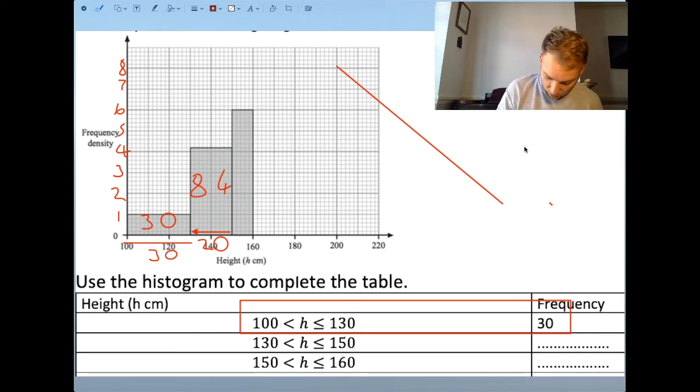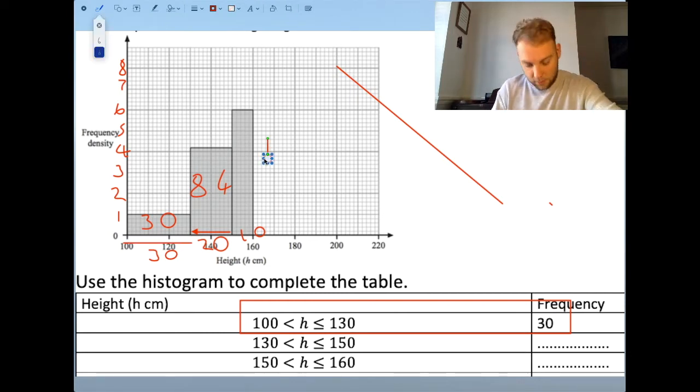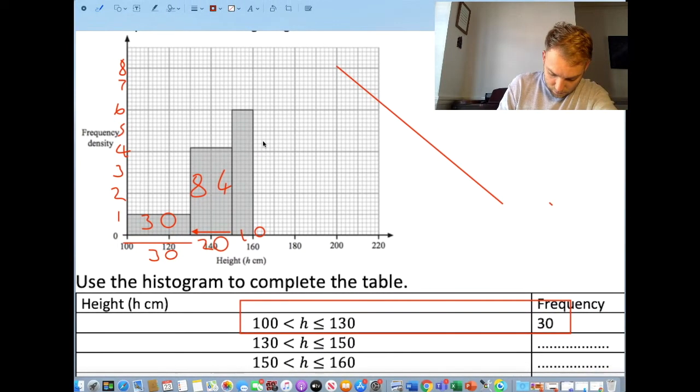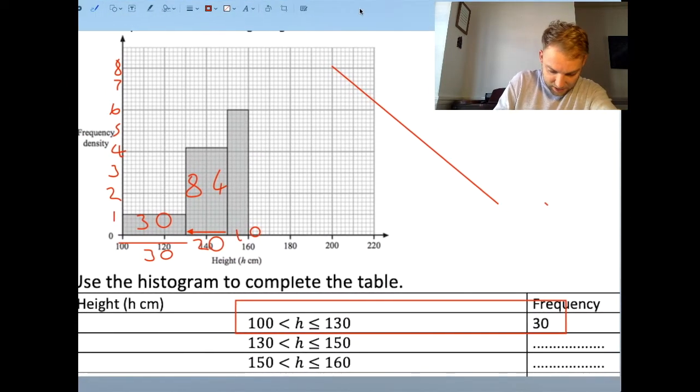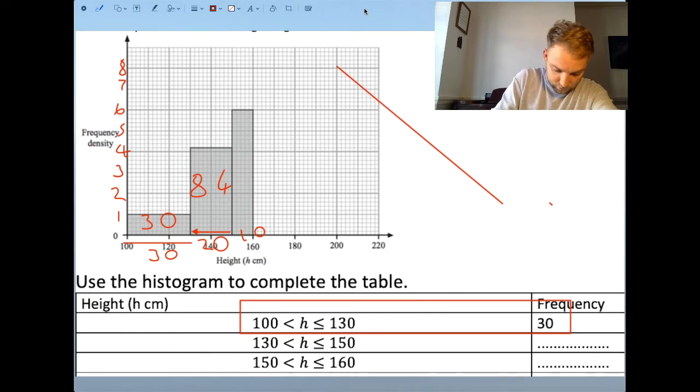So this next one is going to be between 150 and 160, so that's 10. So that width there is 10 across, and the height of this one is 1, 2, 3, 4, 5, 6 up. So it's going to be 10 times by 6, which is going to be equal to 60.